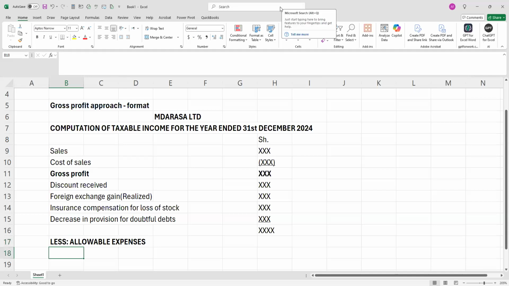So considering our case, we have all these allowable expenses that we had.